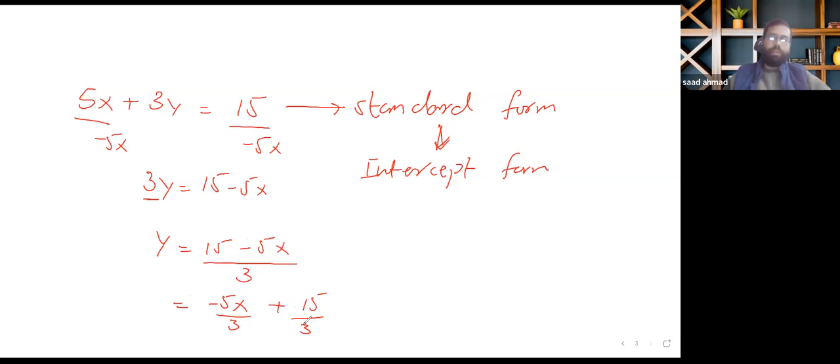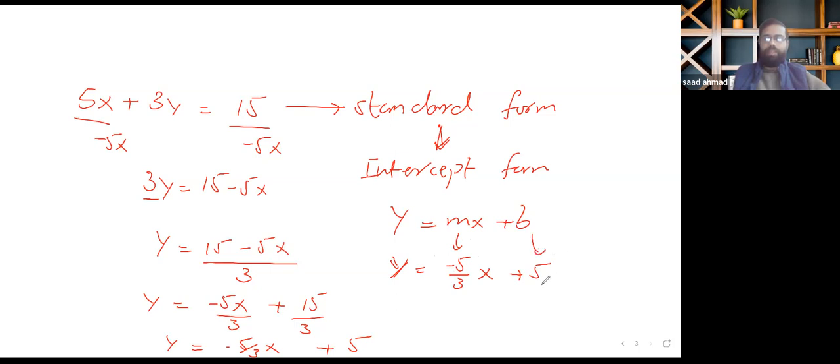The final answer is y equals minus 5 over 3 x plus 5. Now it's in the form y equals mx plus b, so the slope m is minus 5 over 3 and the intercept is 5. So if we are given one form, we can convert it into another form.